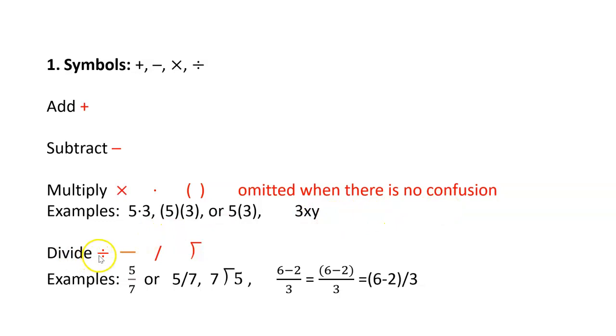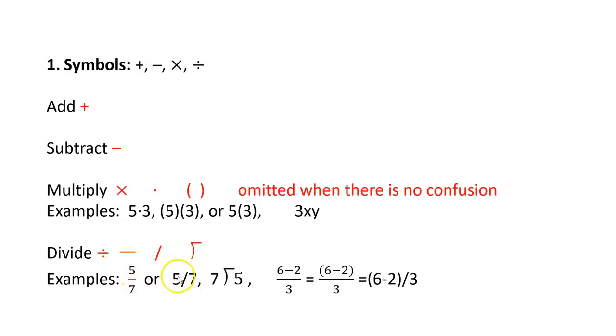So now for the division symbol, we have these four. The commonly used one in elementary school is the first one. And the second one is for fractions, like 5/7. But it can also mean division, because 5/7 means 5 divided by 7. Or you can use the slash.